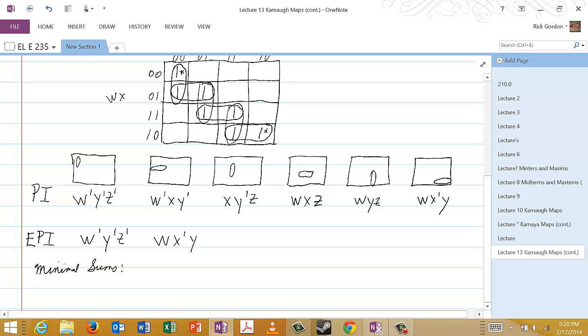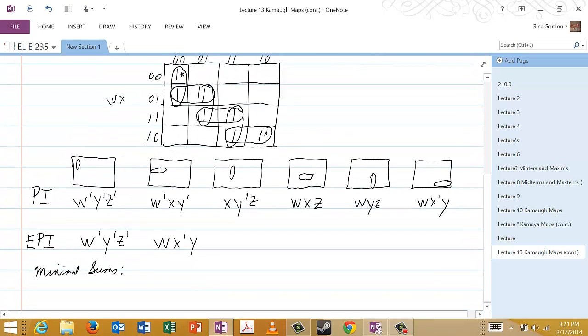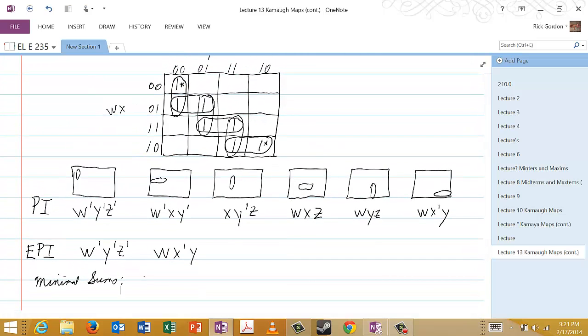Now this is where you need to pay very close attention. So our function is f, and it's a function of w, x, y, z. So I'll say f of w, x, y, z equals.